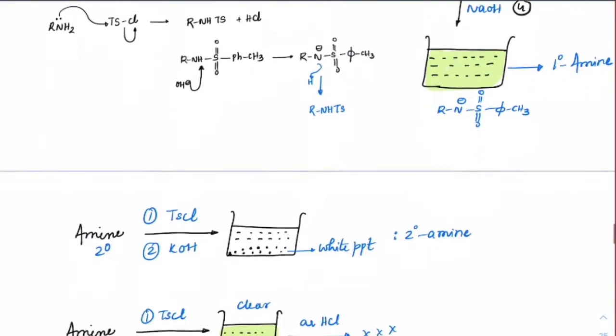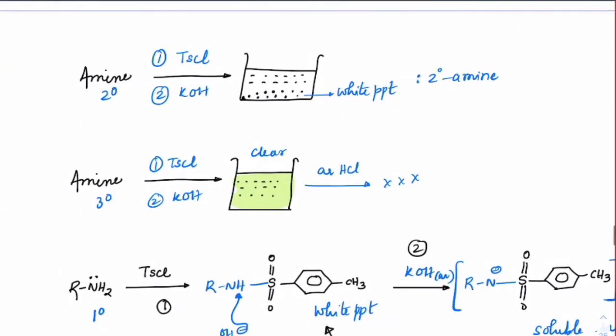For secondary amine, what will we do? Same, R2NH on reaction with tosyl chloride, we will get R2N, S double bond O, tosyl. Basically R and R on nitrogen, with the sulfonyl group.